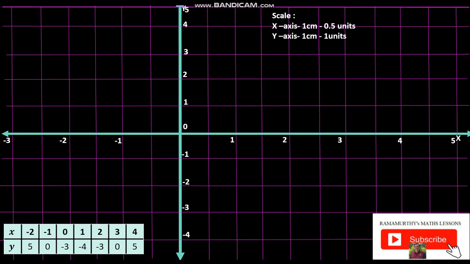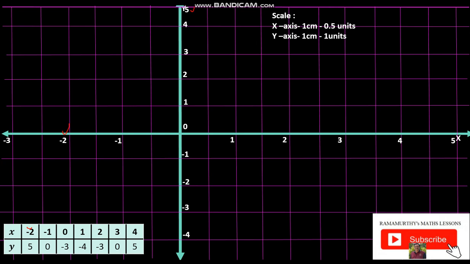For our convenience, we write the table of x, y points like this. The first point is negative 2 and 5. So on x we find negative 2, and on y we find 5.